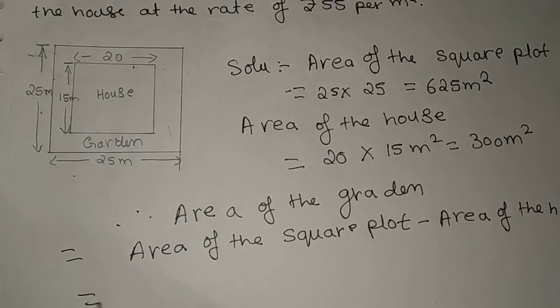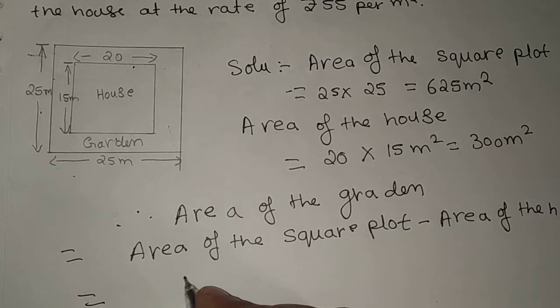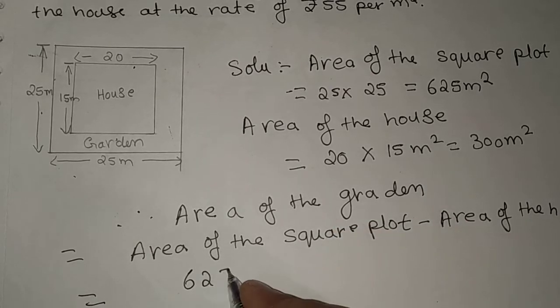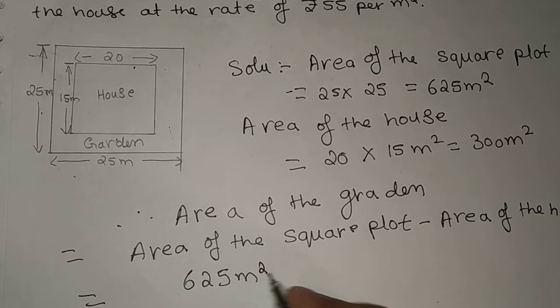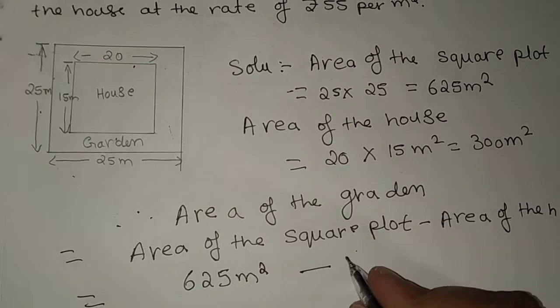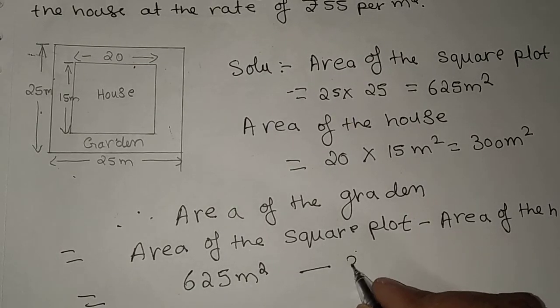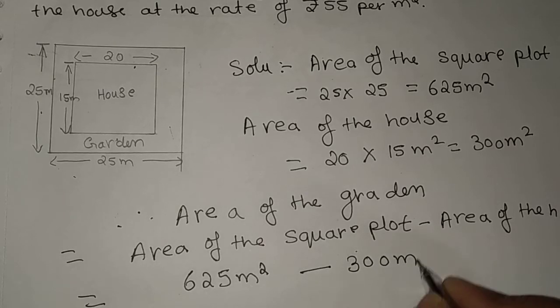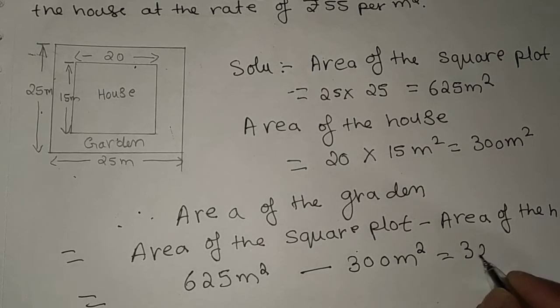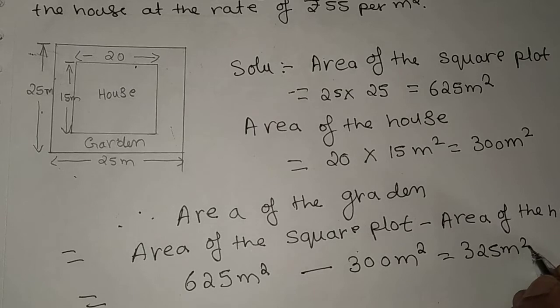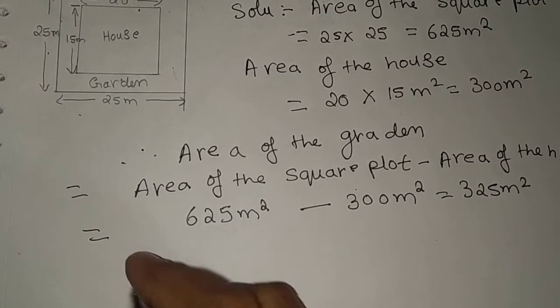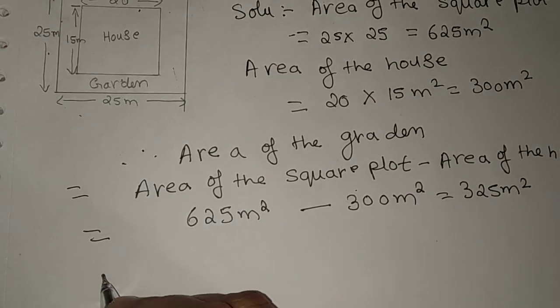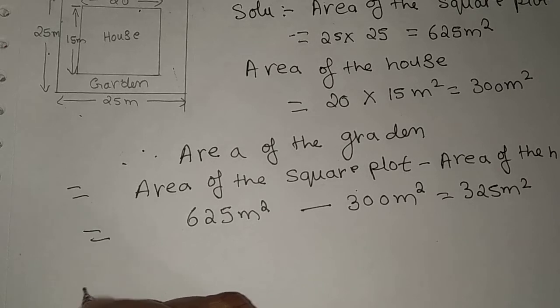Therefore, now we have calculated both the areas. Substitute here, that is 625 m square of the plot minus area of the house, 300 m square, which is equal to 325 m square. So the area of the garden we got.